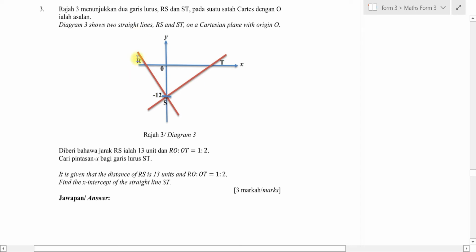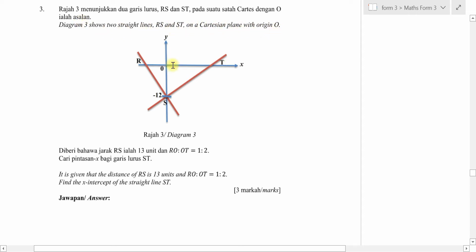Okay, sir. Alright. So now we see question 3. Diagram 3 shows two straight lines, RS and ST. In this question we can see they are intersecting. So maybe simultaneous, maybe not. Maybe there will be an easier way to solve it. We don't know, we need to gather the information.